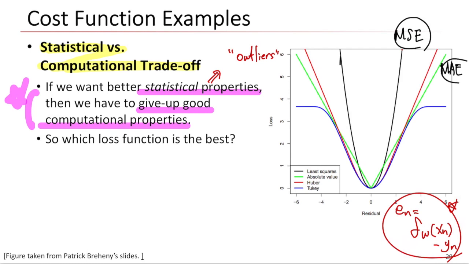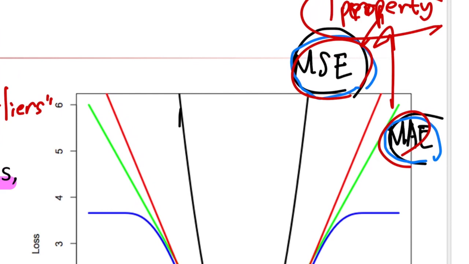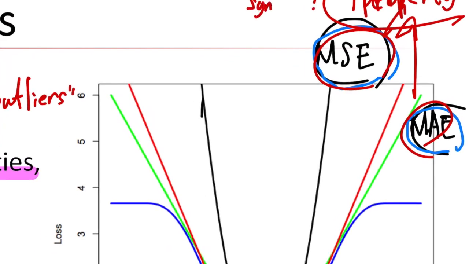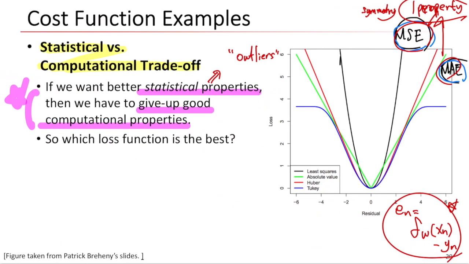So as you can see here, MSE and MAE satisfy the first desirable property. What was that? Symmetry, right? Because they are symmetric across the f value 0.